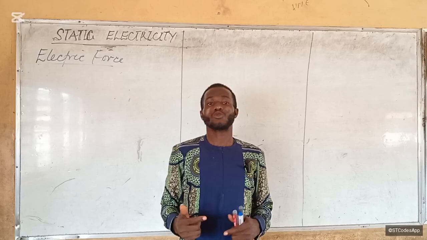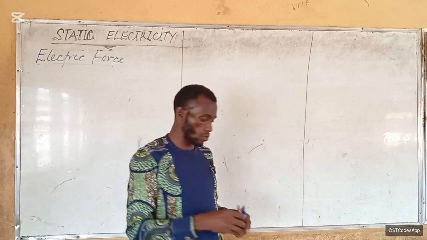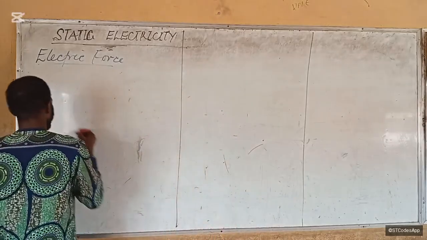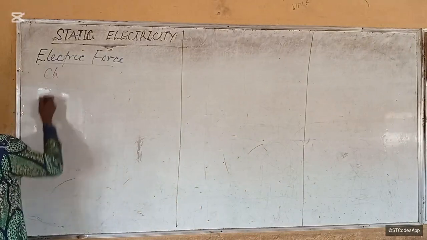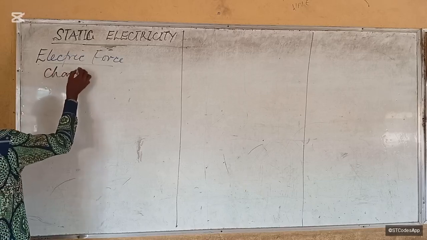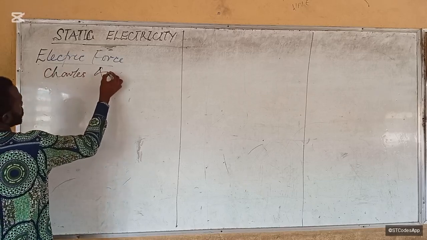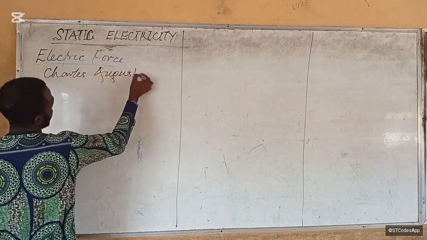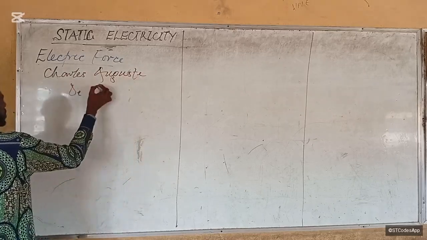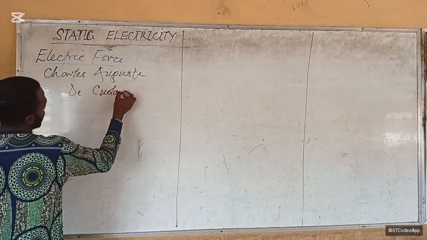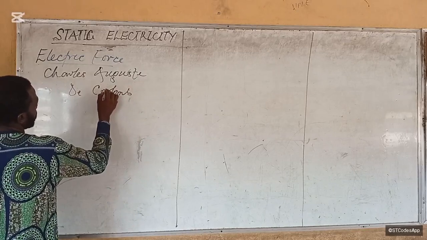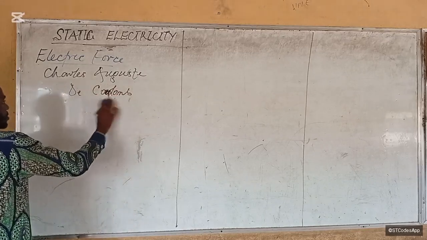Is that okay? So according to Charles Auguste de Coulomb, how do you spell it? Coulomb. All right, I think it's like this.